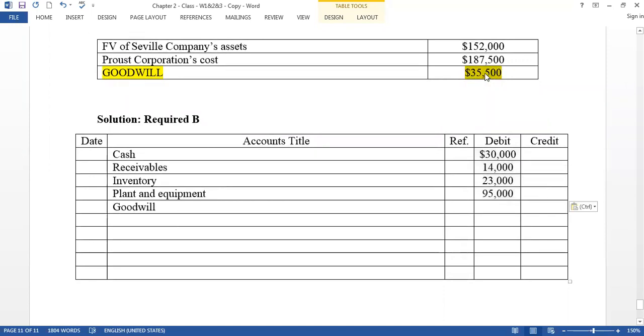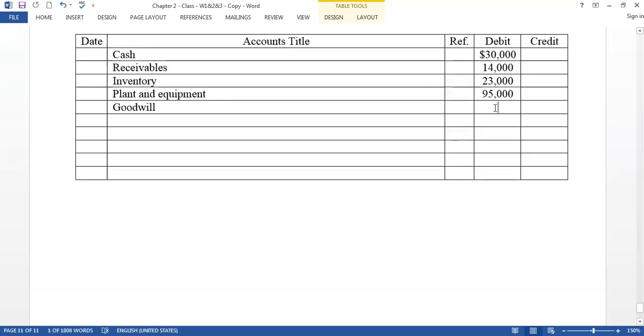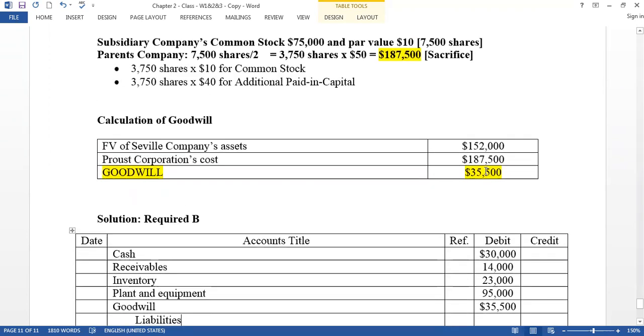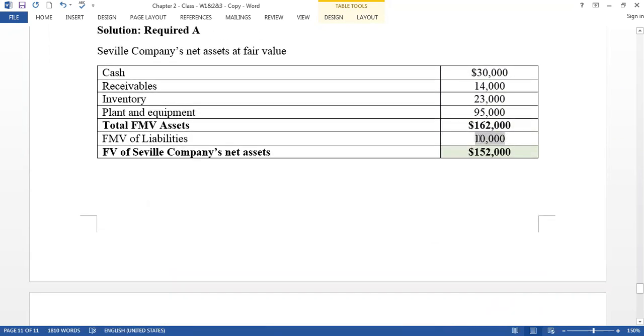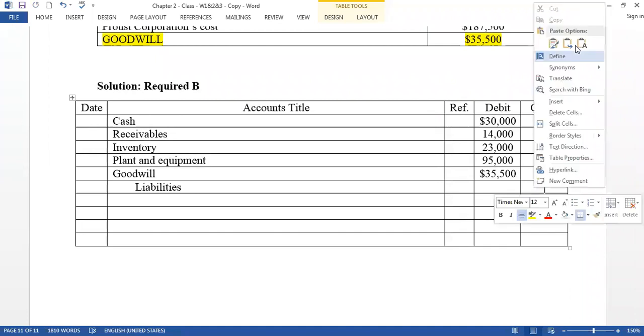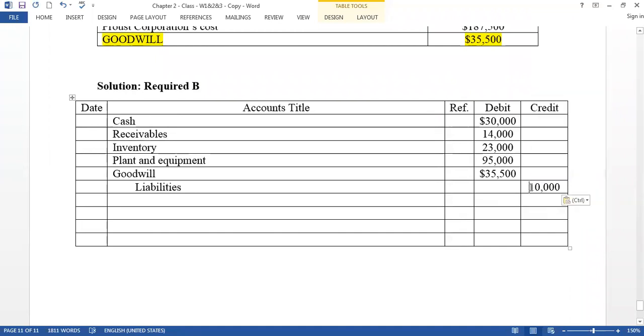We buy goodwill, debit, right? Then we also buy their liabilities, and how much is the liabilities? $10,000.